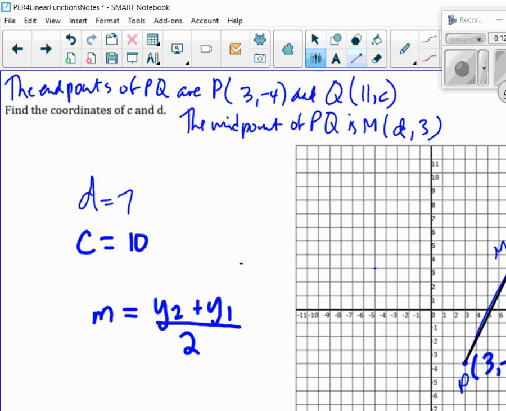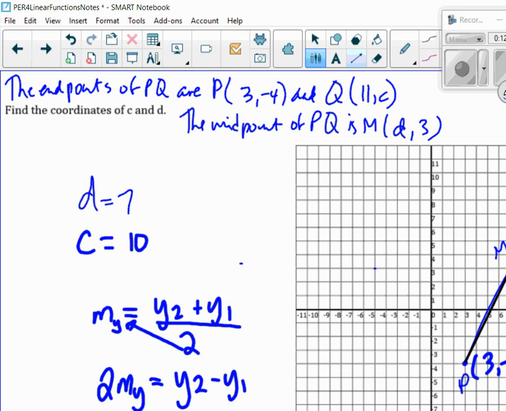This is my midpoint for my y. If I cross multiply that over, if I double my midpoint of my y, I get a formula there, right?